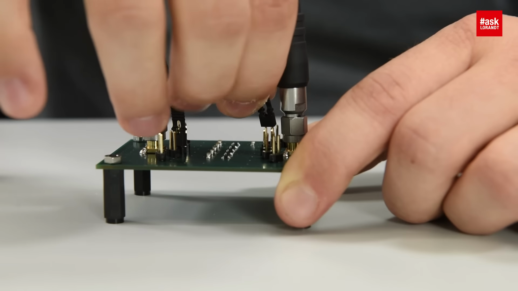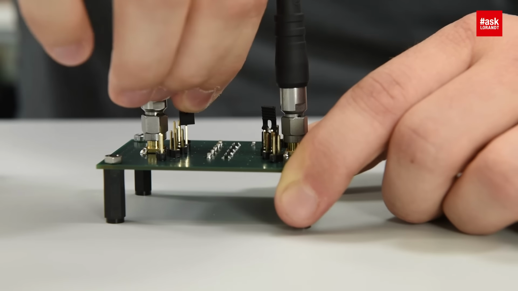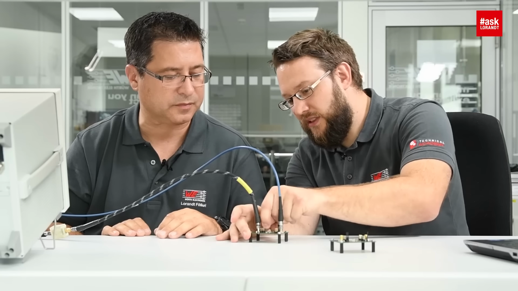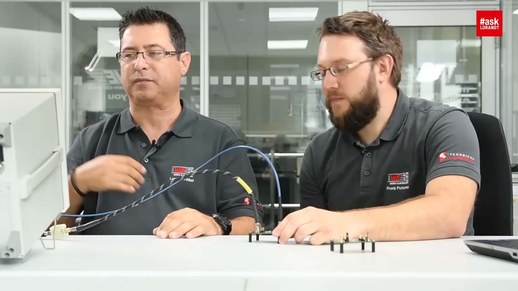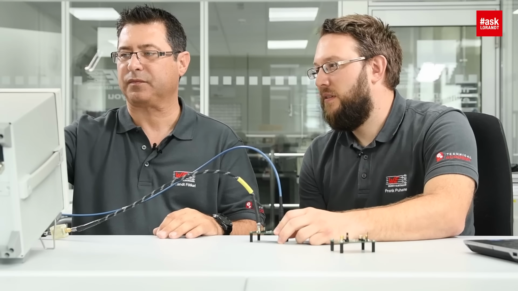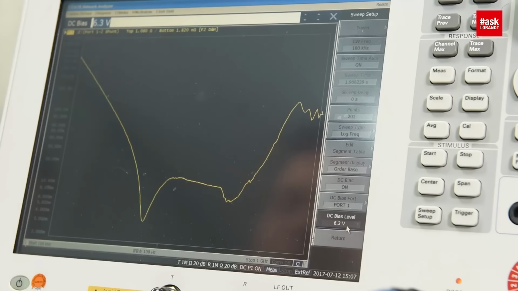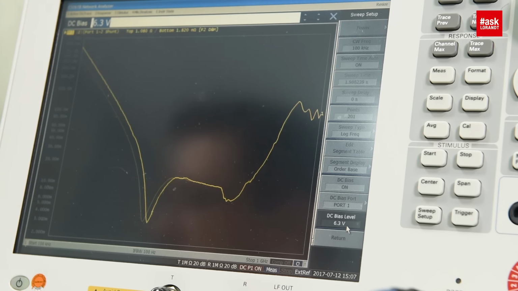Next one, please. The next one is a 4.7 microfarad capacitor, also 6.3 volt. Now we are moving into the smaller regions of capacitive values, and let's see what happens. Just minimal change. This is what we also saw on the first board: when we have a low capacitance value, the change is not so much.